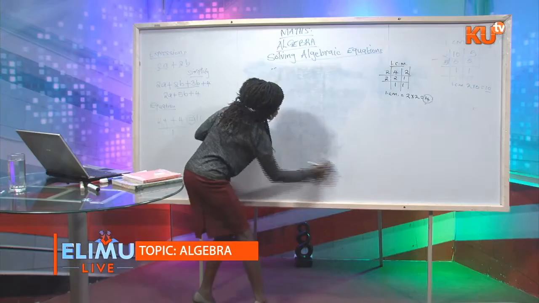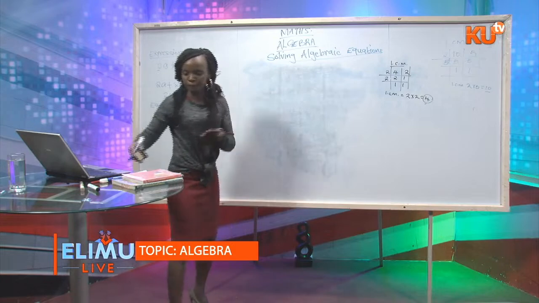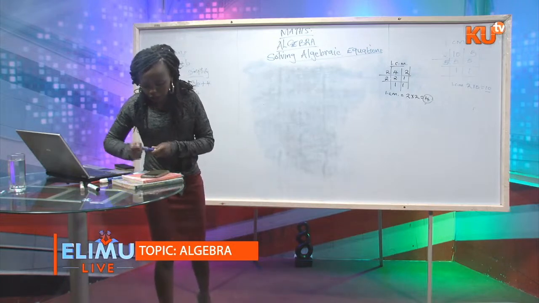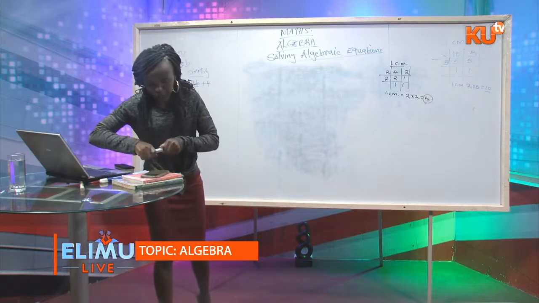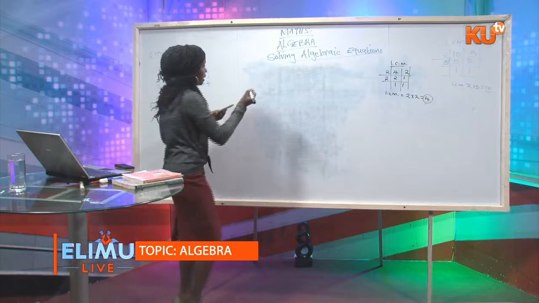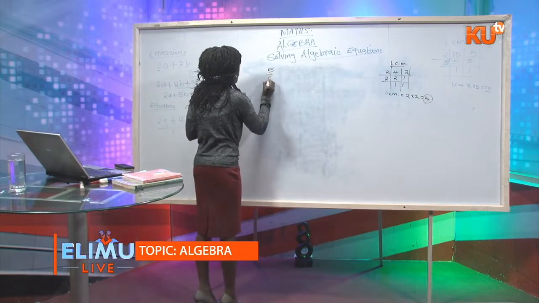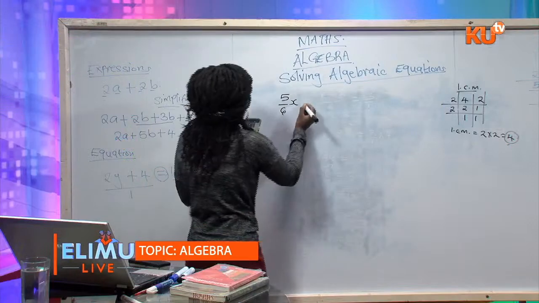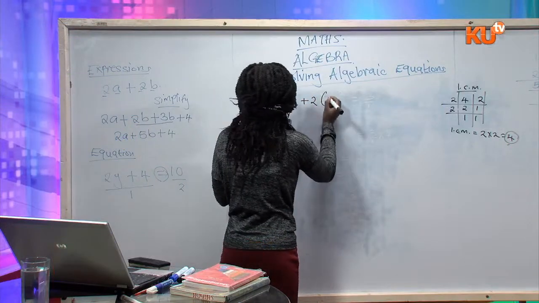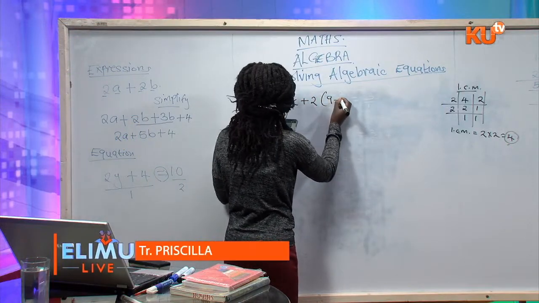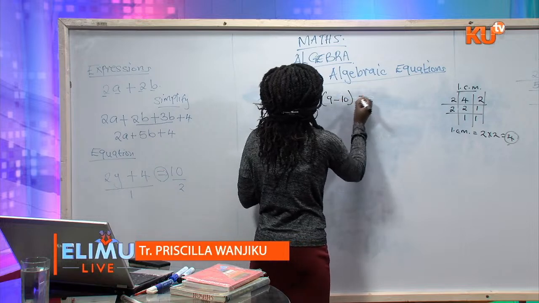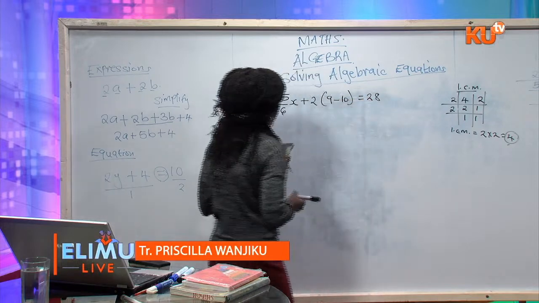As we wind up, so very first, 5 over 6x plus 2 bracket x plus 9 minus 10 is equal to 28.